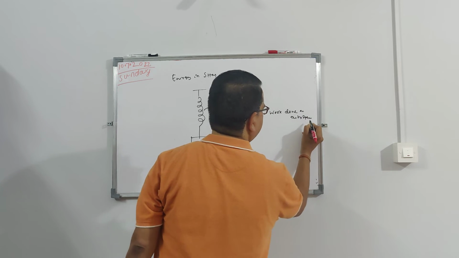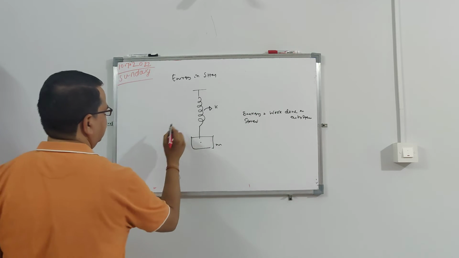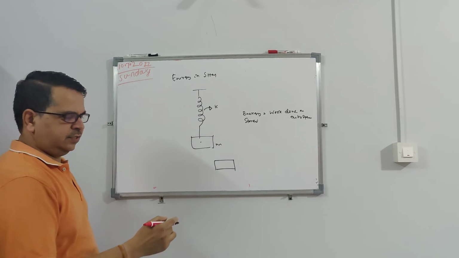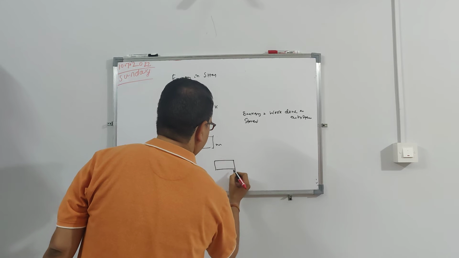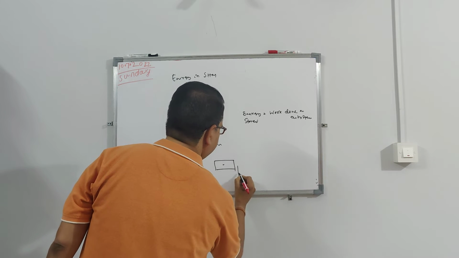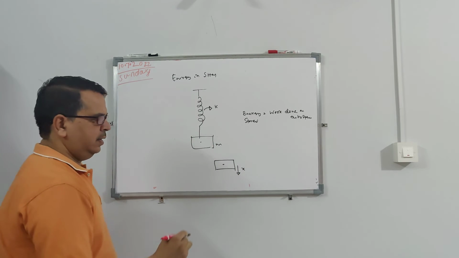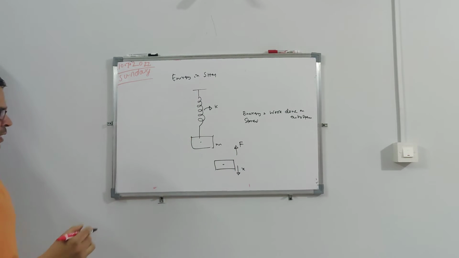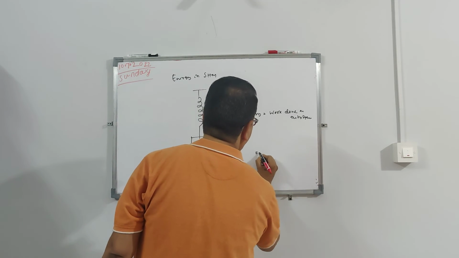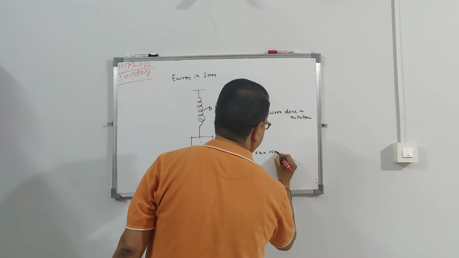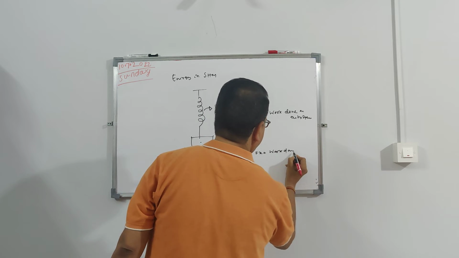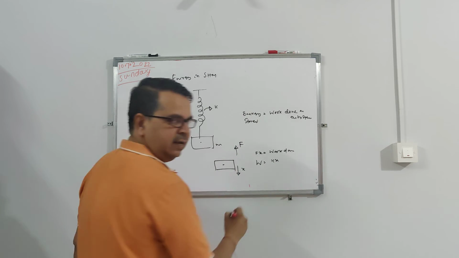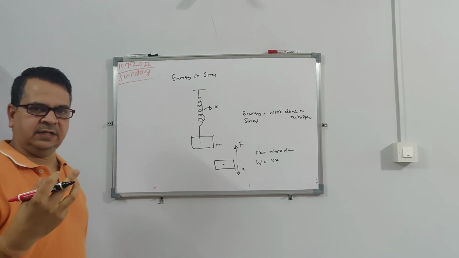So what happens actually when your mass is trying to go down by a distance x, a restoring force F is acting against it. So this F into x is nothing but your work done. F is nothing but kx, that is the restoring force.